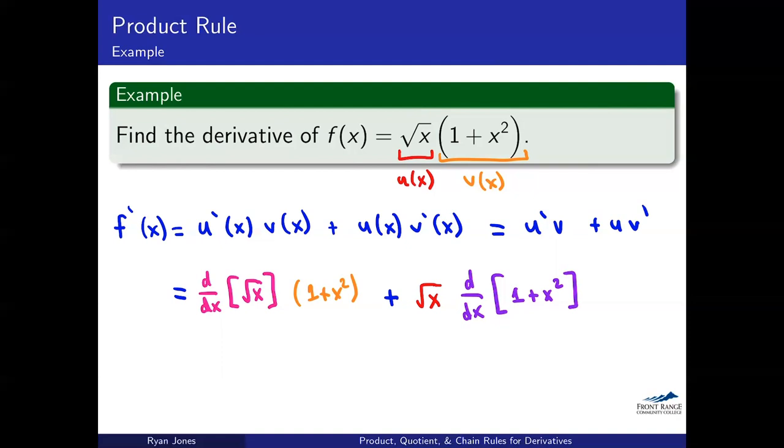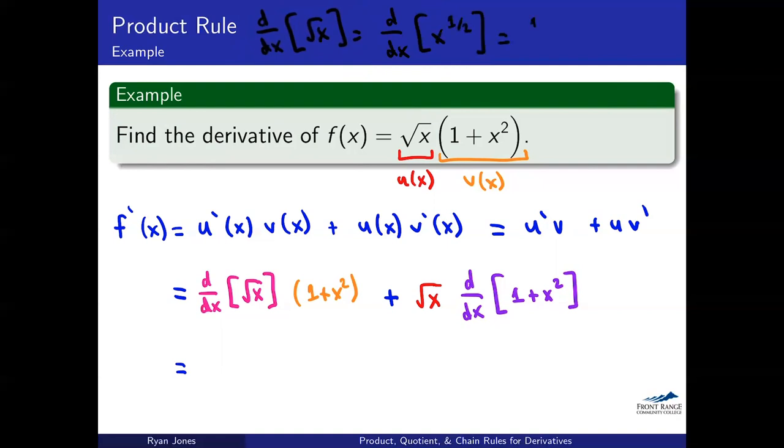And so let's go ahead and do that. So this d dx of square root of x, let's do this off to the side here. Hopefully we remember that the derivative of square root of x is going to be the same thing as the derivative of x to the 1/2, because I'm just rewriting that square root of x.